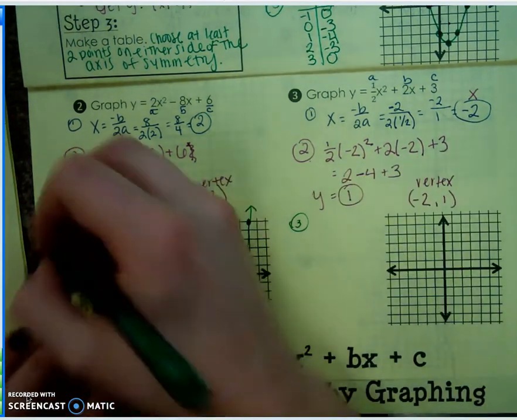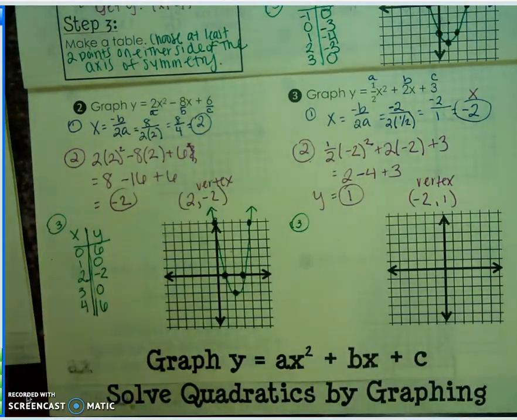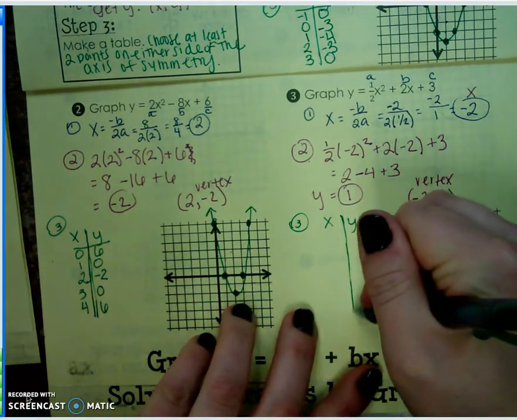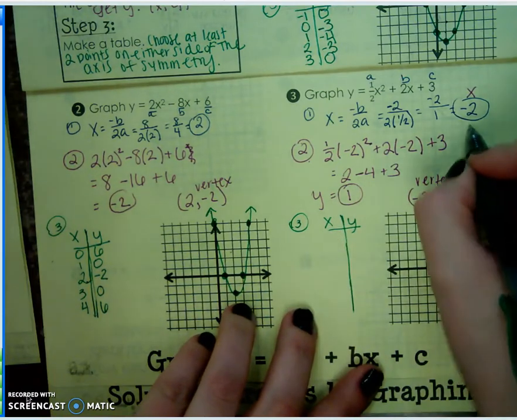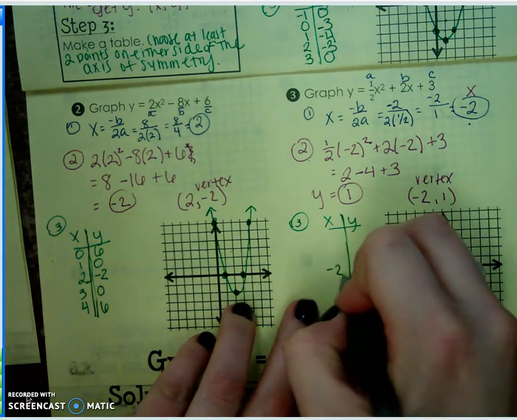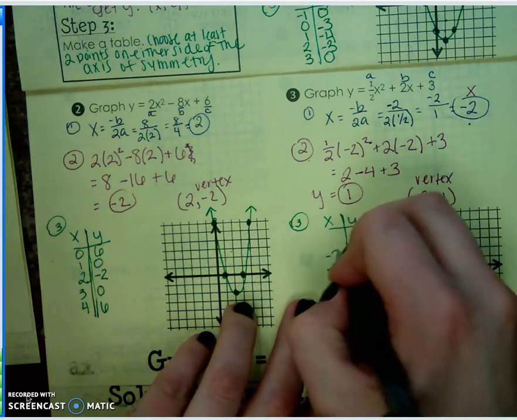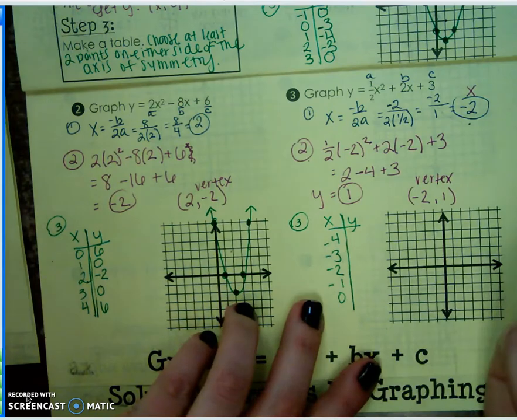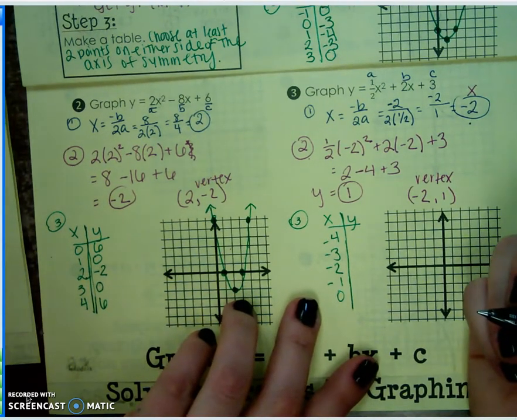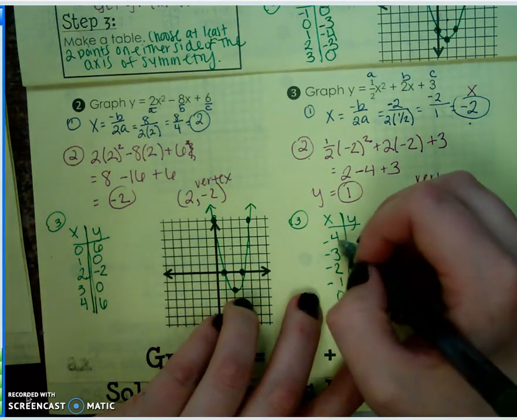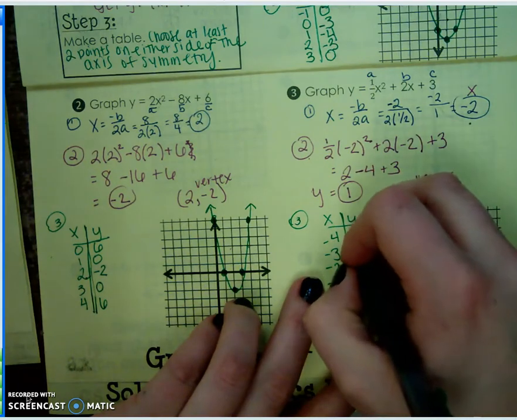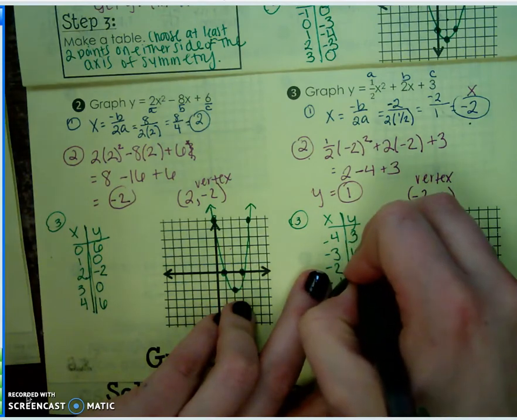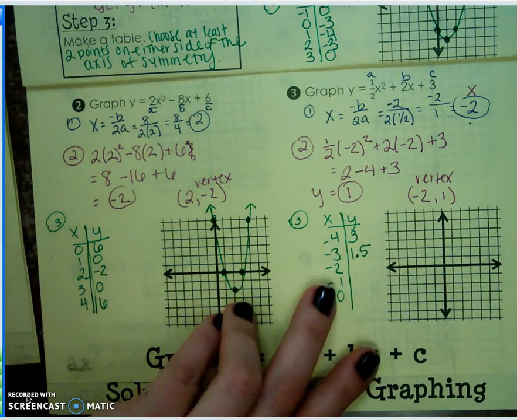And step 3 is to create your table. My axis of symmetry, don't forget, was negative 2. So I'm going to need 2 x values that were smaller and 2 that were bigger, on either side. And then let's substitute in. Substitute in 4, I'll get out 3. Substitute in 3, I'll get out 1.5.